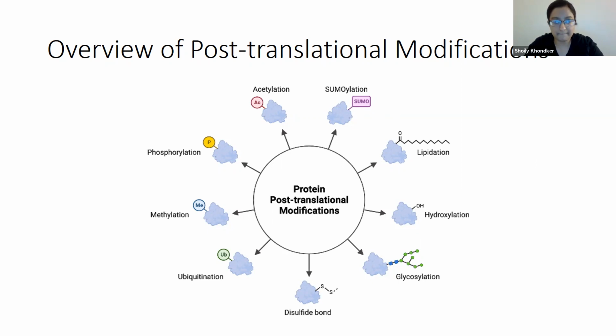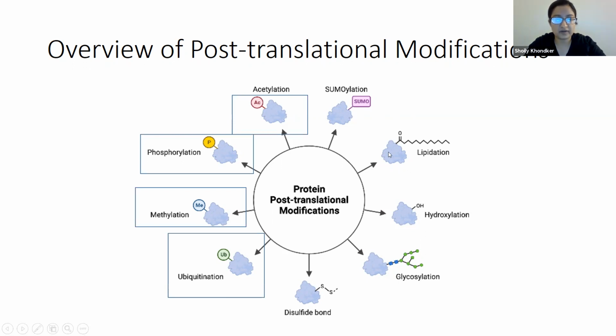I'm going to focus on these four: acetylation, phosphorylation, methylation, and ubiquitination, because they have probably the more important consequences as far as gene expression and protein regulation is concerned. Acetylation and methylation are both involved in gene expression, specifically when we're talking about modifications of histone proteins.